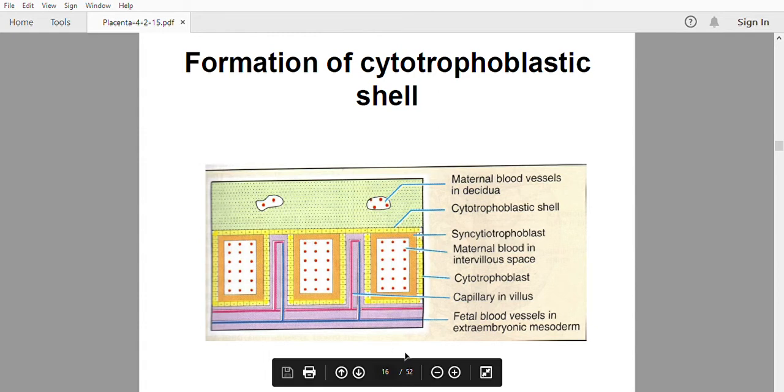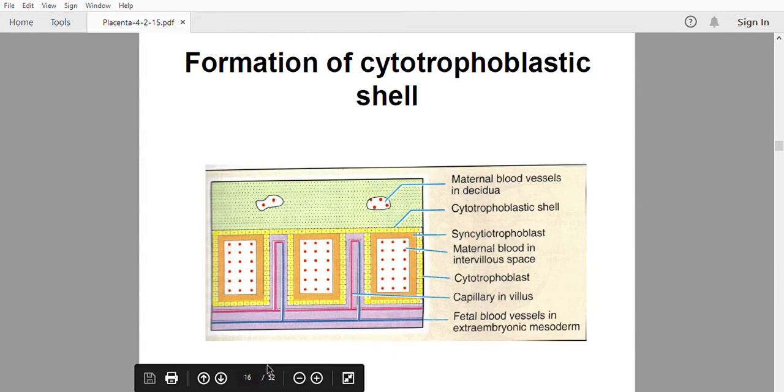That is the stage which we can see now. There is maternal blood in the intervillous spaces, and within the blood vessels of the villi there is fetal blood, but they do not mix with each other, to prevent antibody reactions.